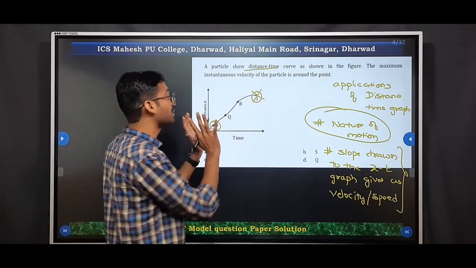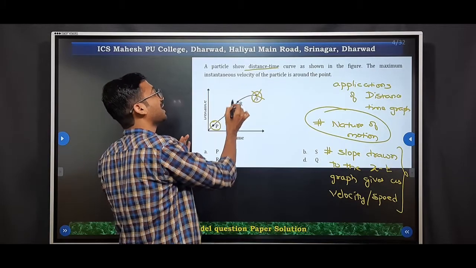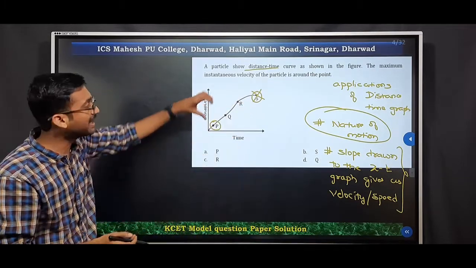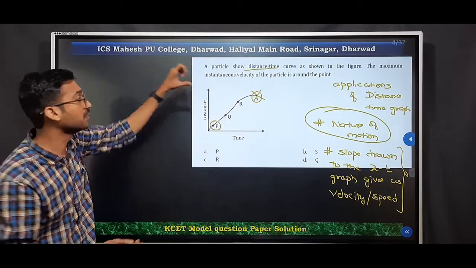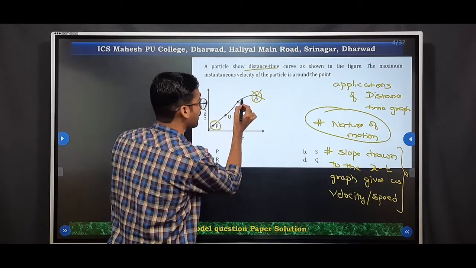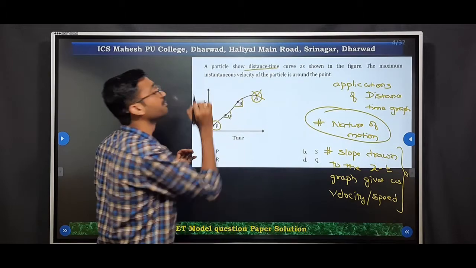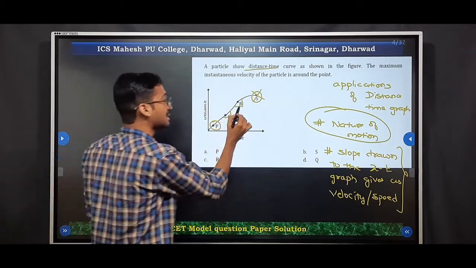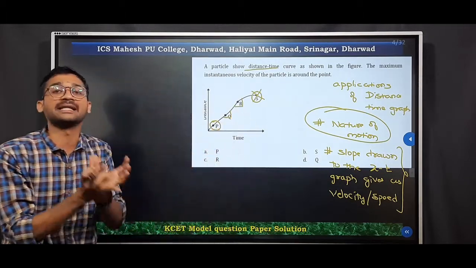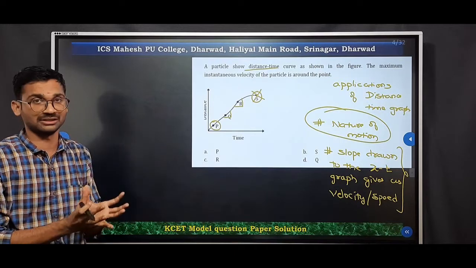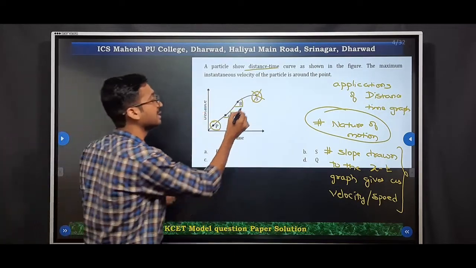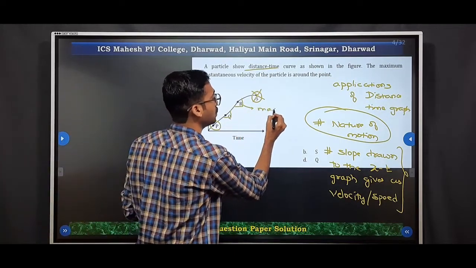But there is one doubt left with us, that is point Q and point R. Comparing Q and R, we get a sharper slope for R compared to Q. Therefore at point R we will obtain the maximum velocity. At point R we are getting the maximum slope.